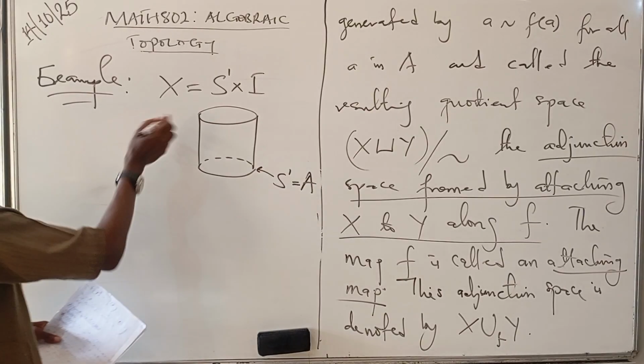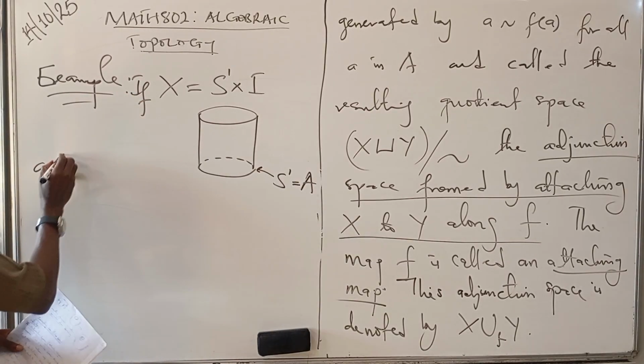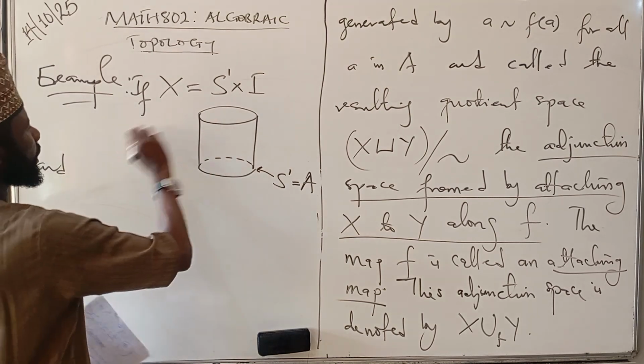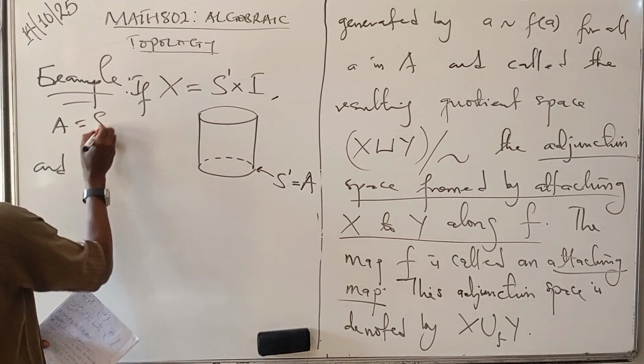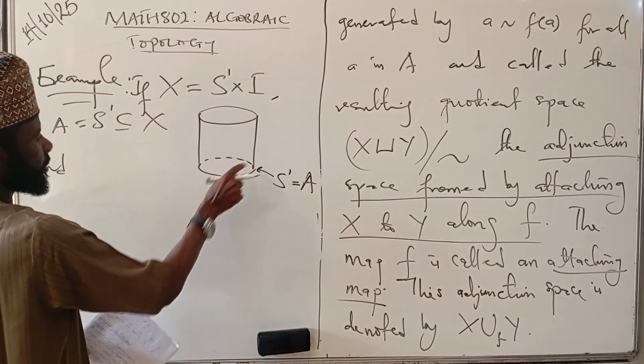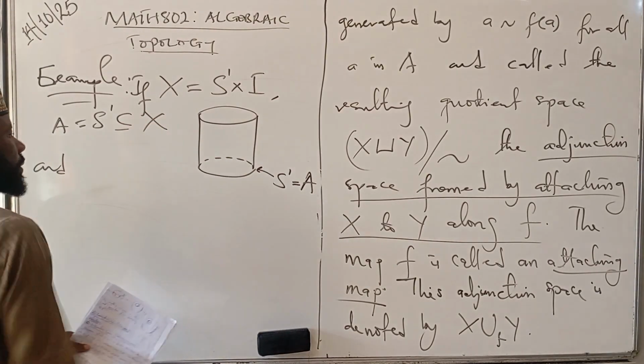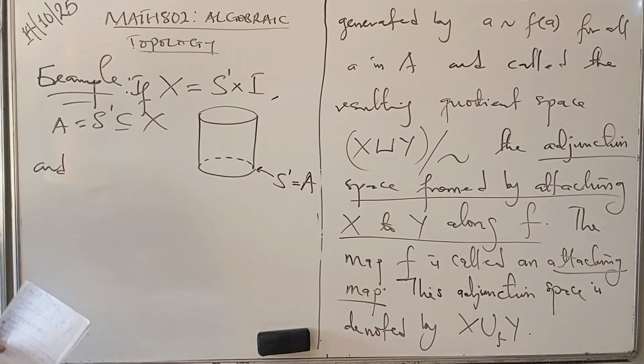And then, so if X is this cylinder, and A is the cycle, imagine it to be a subset of X, one of the boundaries of the cylinder.